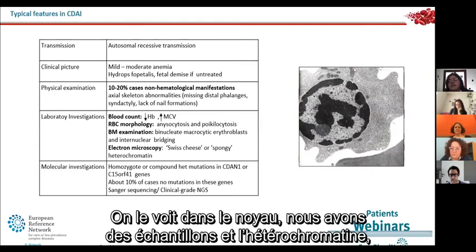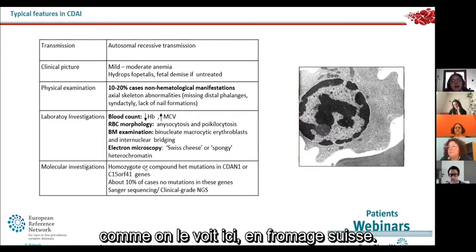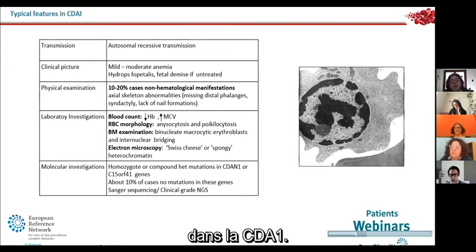We see that in the nucleus we have some pores, and the heterochromatin, the darker material, is distributed as we see here, like Swiss cheese. So there is a little fantasy, but this is the typical distribution in CDA I.